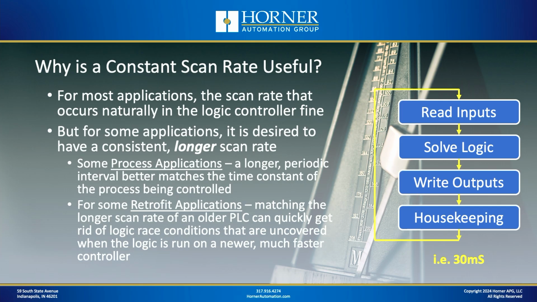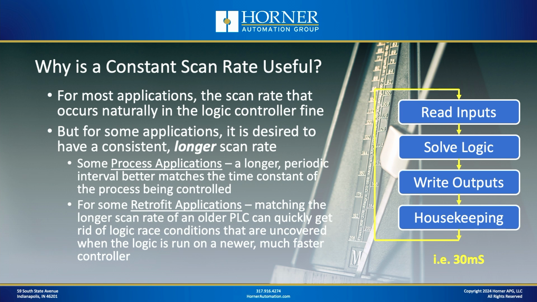Now, keep in mind that if you've got a typical application doing some process control, maybe you've got a couple of PID loops, and you're thinking maybe I should make my entire scan longer to match the PID constant I'm looking to use.